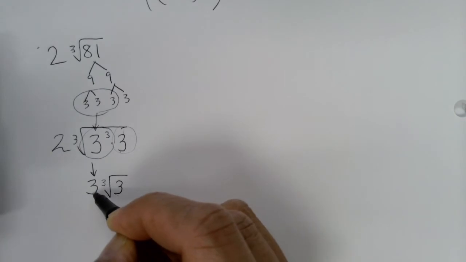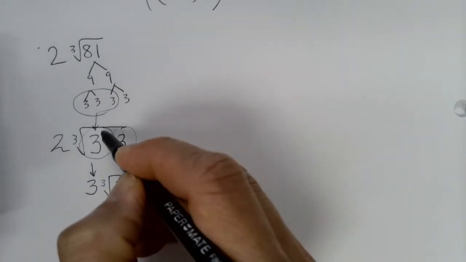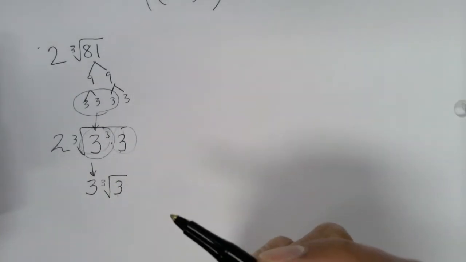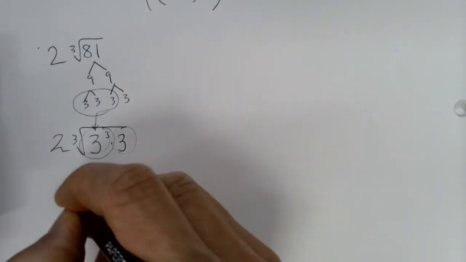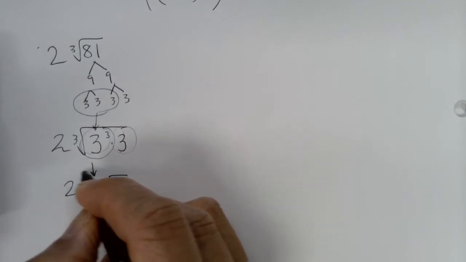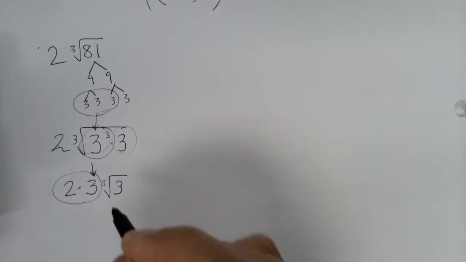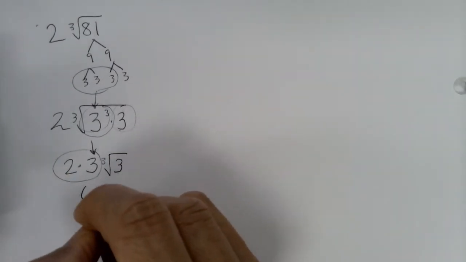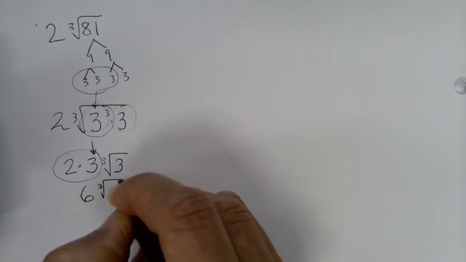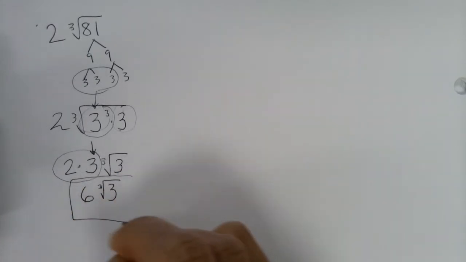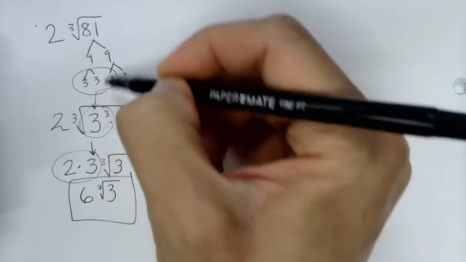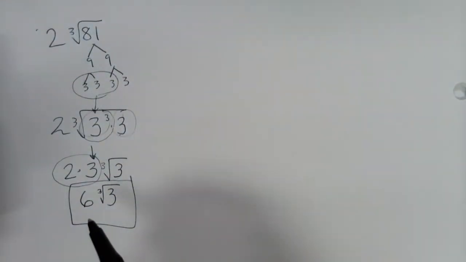This is cube root of 3 cubed, which is just 3. In other words, this is 27. That's what 3 cubed is. Alright, so then I have my 2 out there. Then 2 times 3 I can say more simply as 6, and then I've got the cube root of 3. So that's what this simplifies down to be.